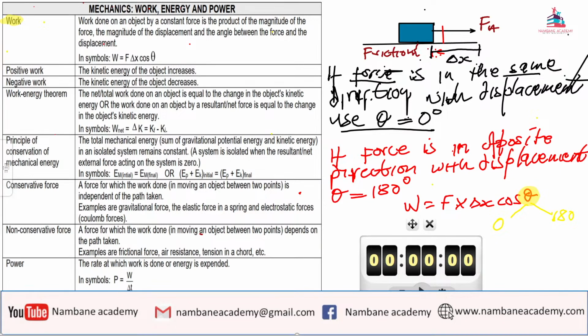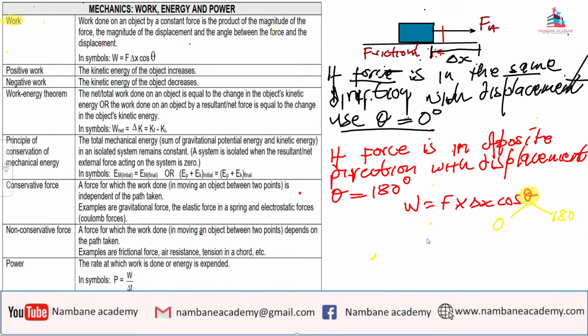So now let's move to the next concept. And the next concept is positive work and negative work. I'm going to take red and write here to say once we use 180 degrees, cos of 180 degrees is equal to minus 1.